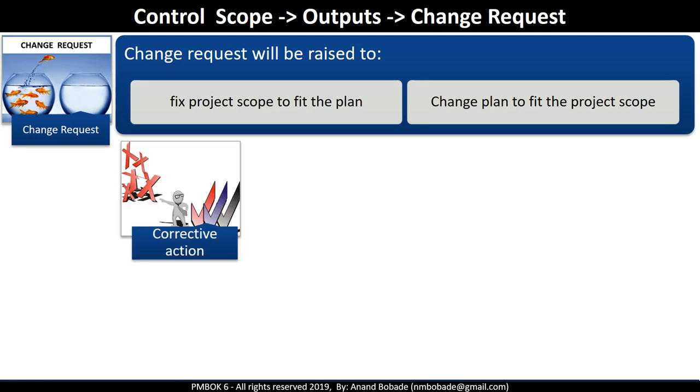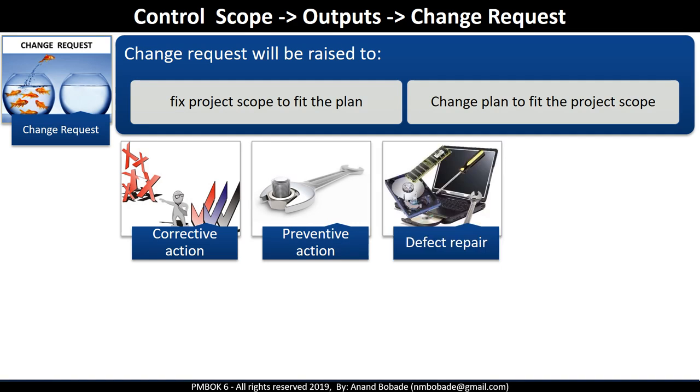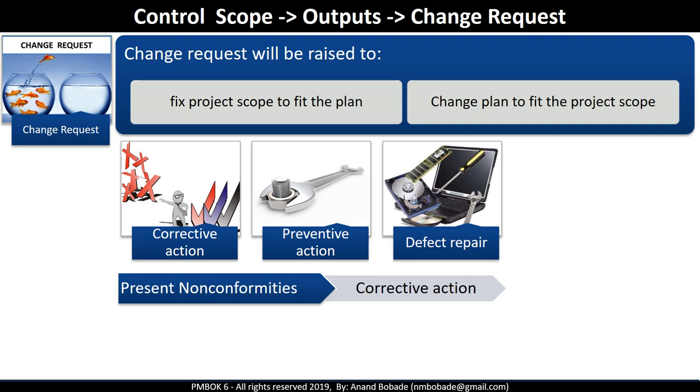There are three types of change request: corrective action, preventive action, and defect repair. If a variance from the plan is discovered in the variance analysis, it means non-conformities are present, then project manager needs to take corrective actions to make sure that the variance is corrected and the project scope can continue as planned.